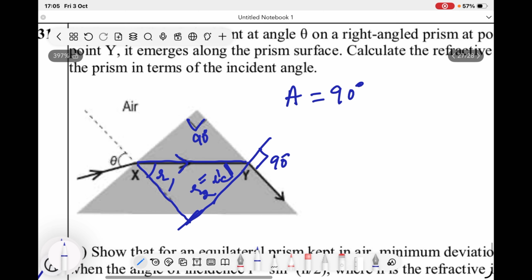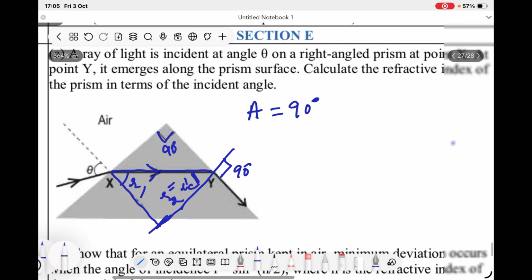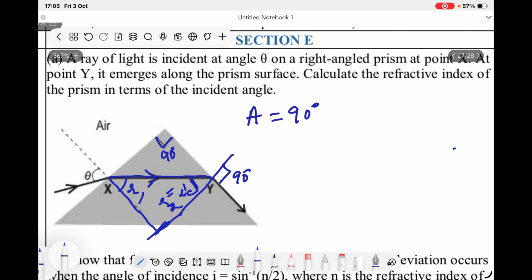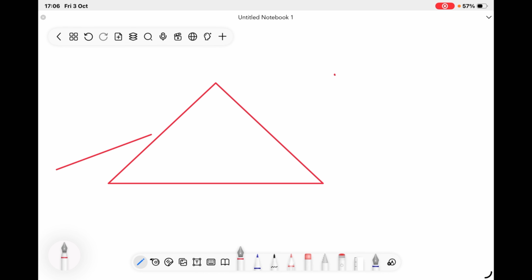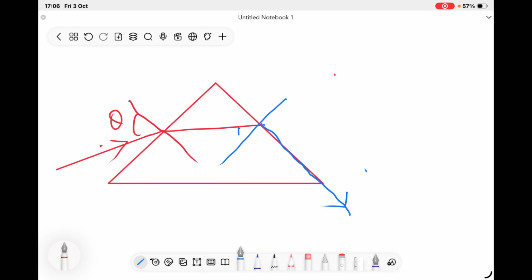Very important. And now let us use the concept. First of all, this is the incident ray and this is the normal. Here it is written theta. This is the angle of incidence. Then this is the ray and it is going this way. I already told you because the ray is trying to go from glass to air, that is denser to rarer. This is one condition. And second condition, it is falling at critical angle. Then only it is grazing along the surface.